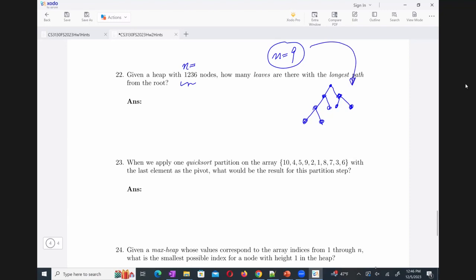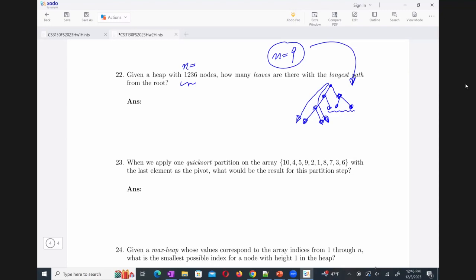The longest path from the root to a leaf, you can see easily, right? The starting point is the root, this is 1, this is the second one, and there are 3 more leaves, but they are not the longest. One is deeper, easy.